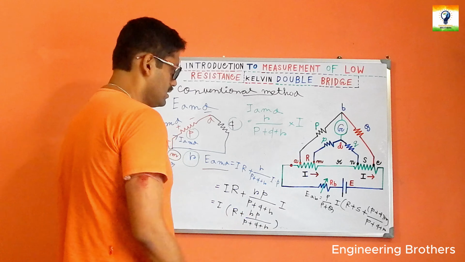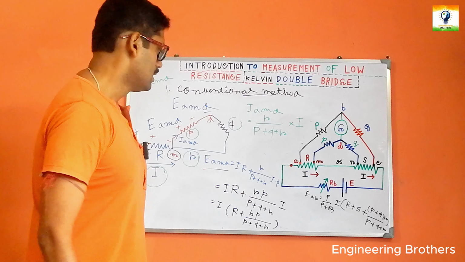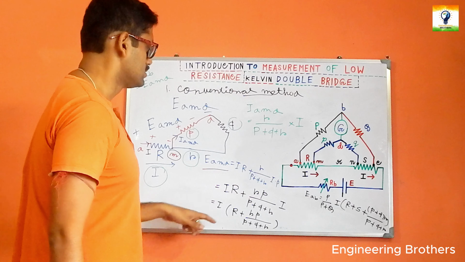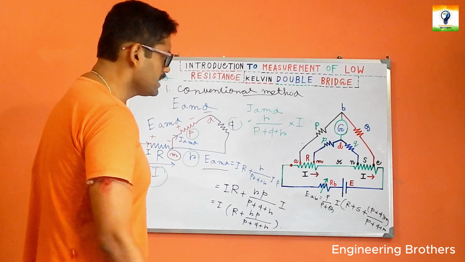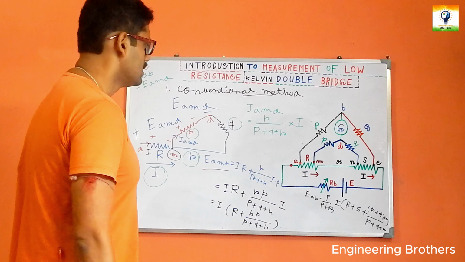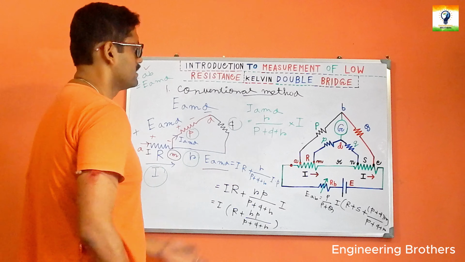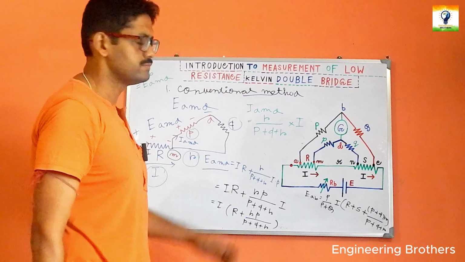This is the best class that will be very important for your Kelvin Double Bridge, and I have shown you all the parts because that is the most important part. The concepts are absolutely crystal clear, and you can understand how I reach that expression over here. In our next step, we will equate this EAB and EAMD over here. But before I go into that, I want to give you some amount of time to think about this exact diagram and the current division rule over here.